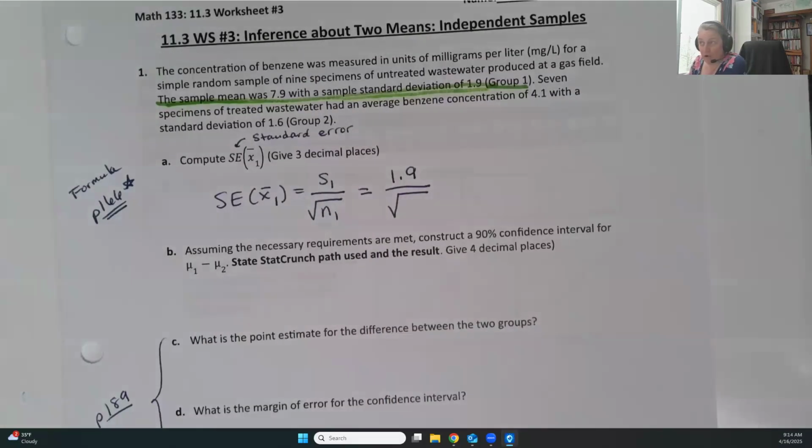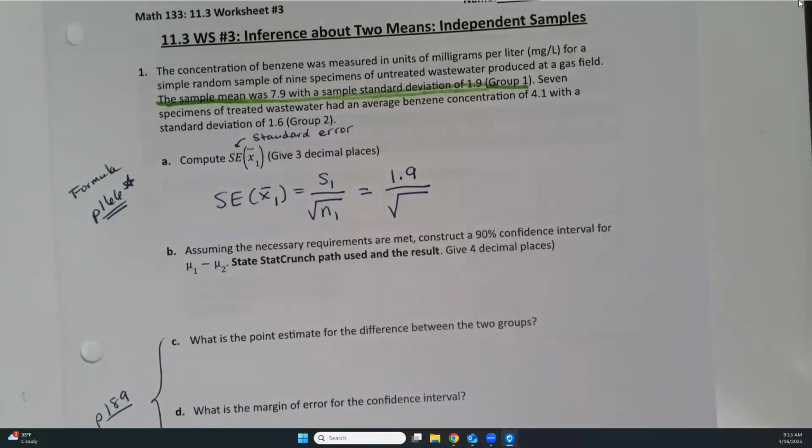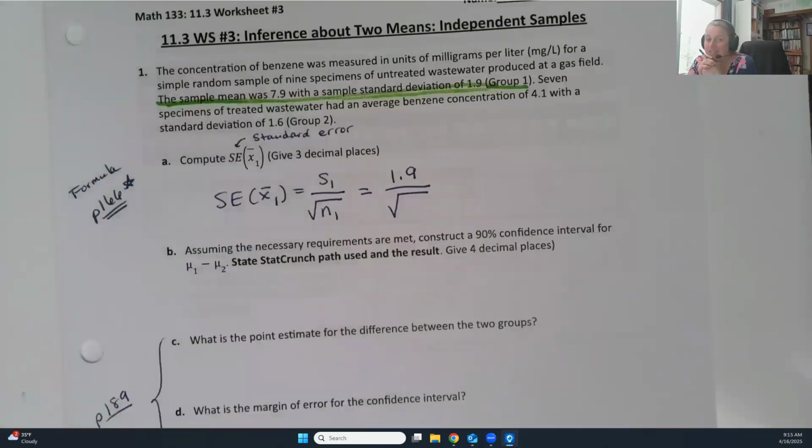Now the N for group 1, oh, this is a little harder. N is the sample size, right? 7.9. No, that's group 1, so that's good, but that's a mean, right? Because it says the mean. So what was the sample size?